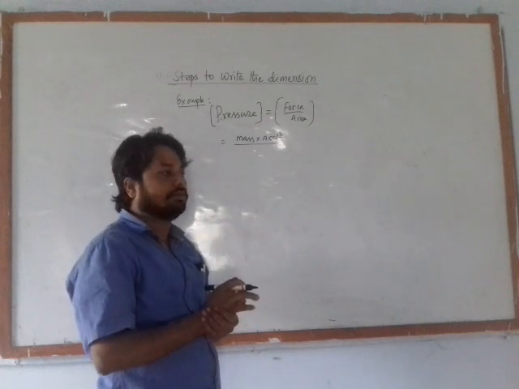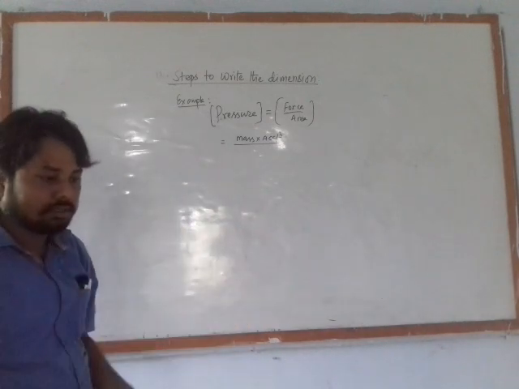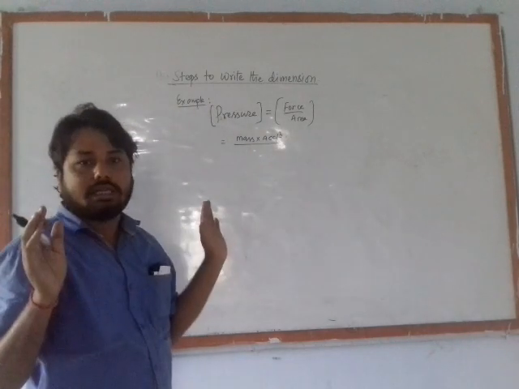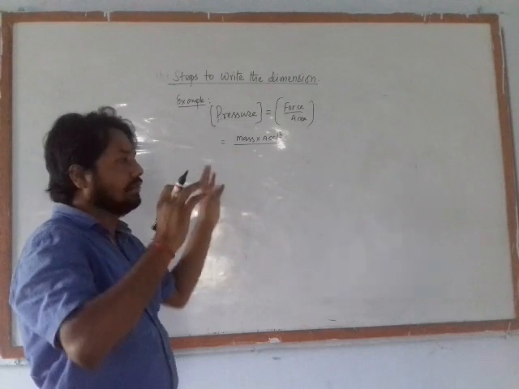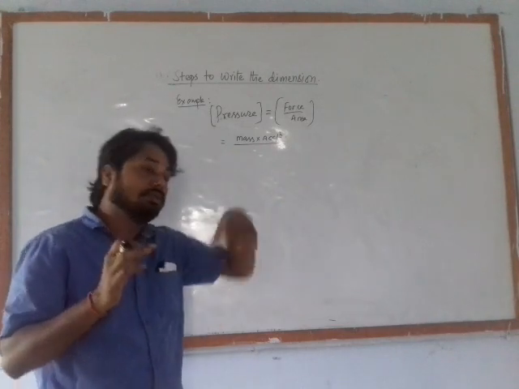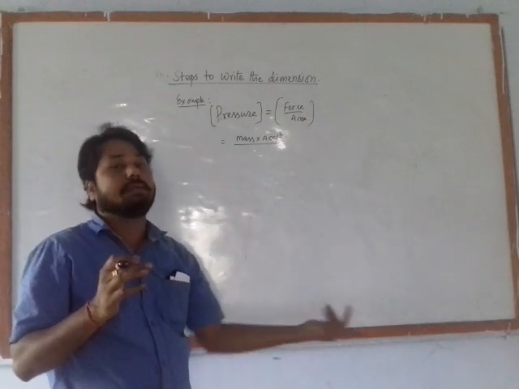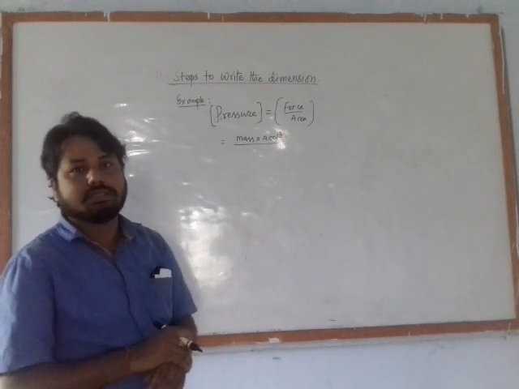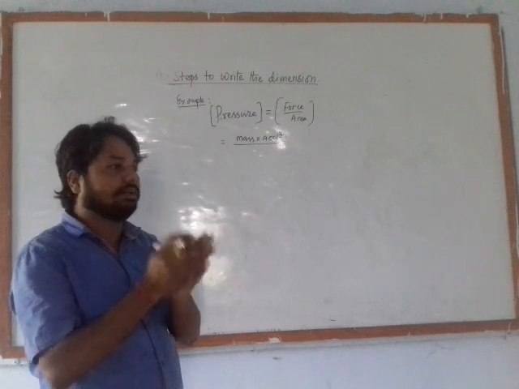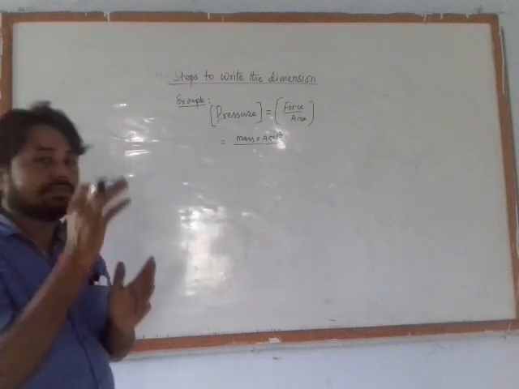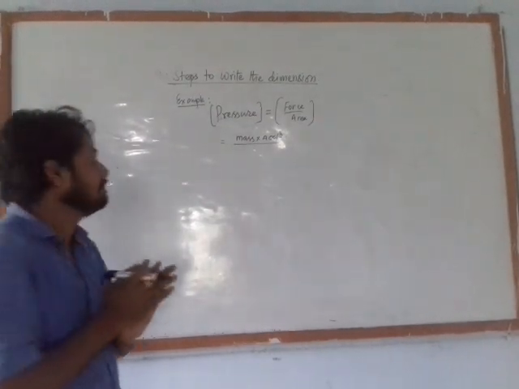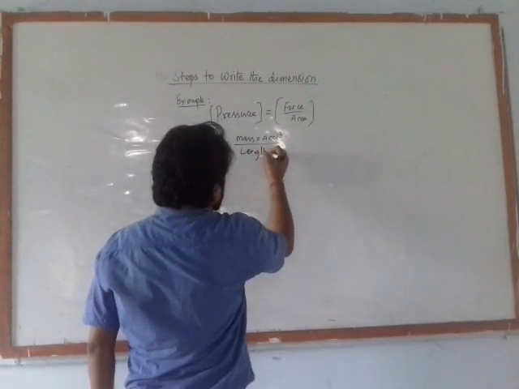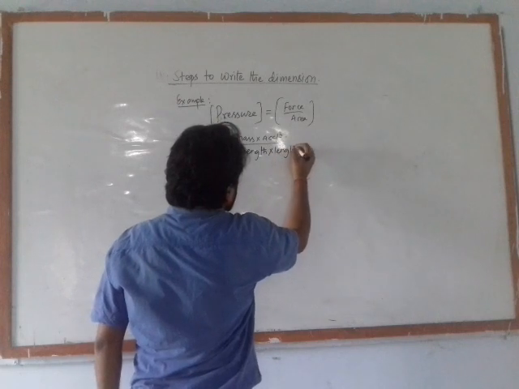I have told you, because height is also length, distance is also length, displacement is also length. Whatever we are writing, our unit will be the same. So that's why I am telling you the quantities are the same. So area will be length into length.